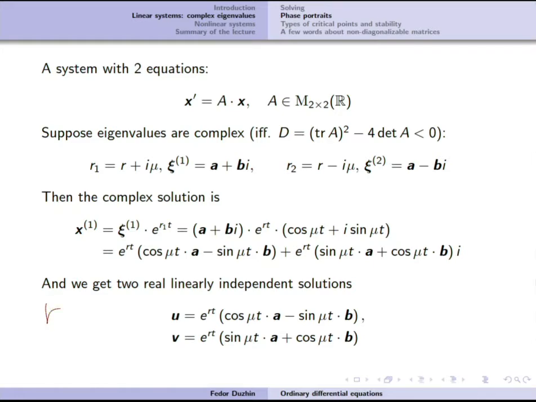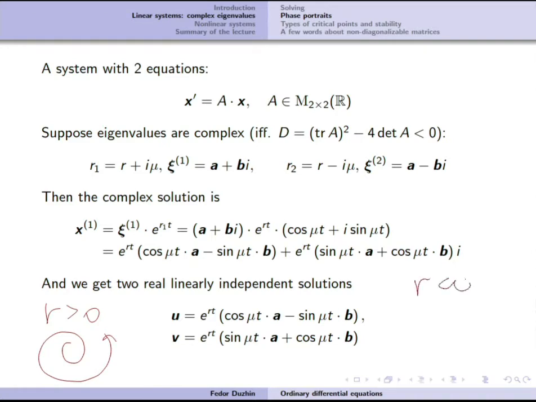So there could be three cases. If r is positive, then we're just going away from the origin. But since we have cosine and sine inside, as t goes by, they go around the origin. So we have a combination of motion that goes from the origin and around the origin. Then it's going to be something like a spiral.